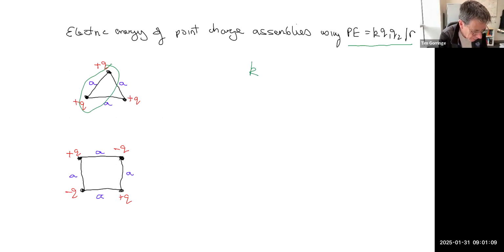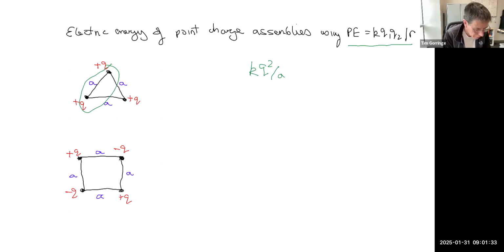It's a plus Q and a plus Q, so it's just a positive Q squared, divided by the separation between the two charges. That's just this separation that we labeled A. And so that's the electrical potential energy of this particular pair.